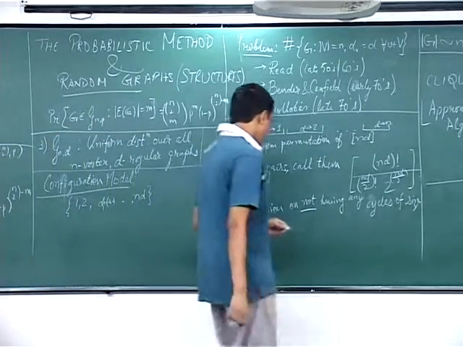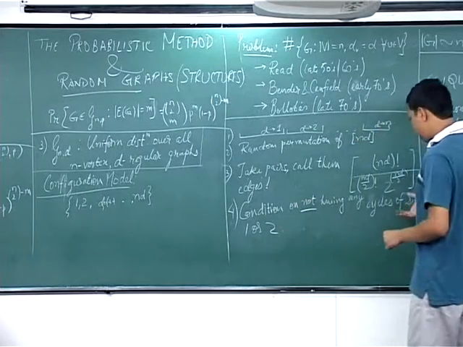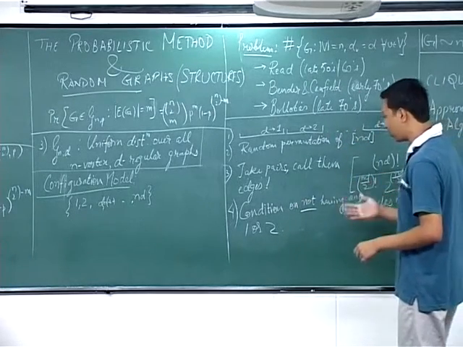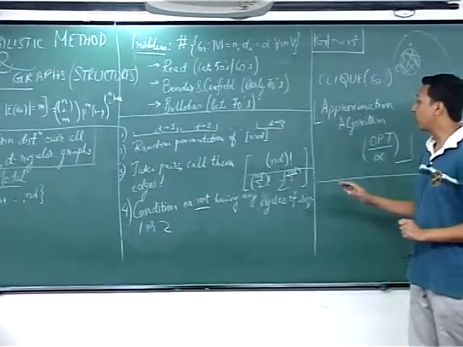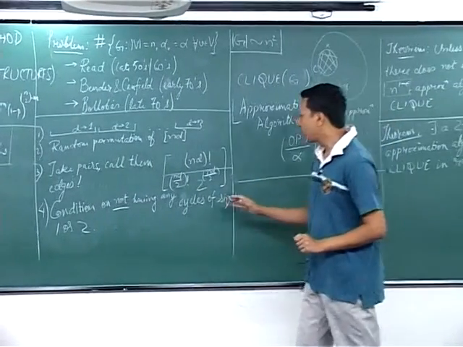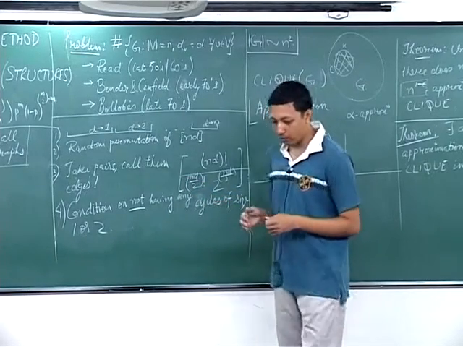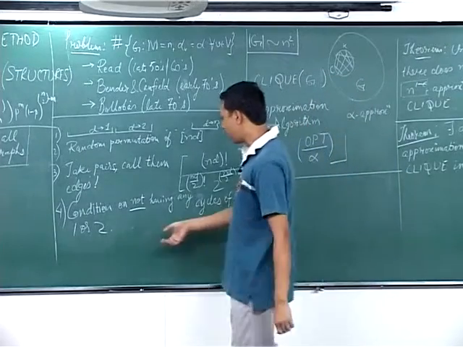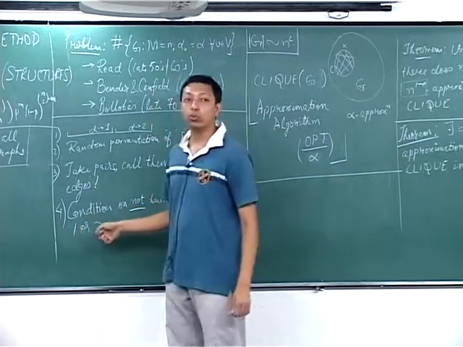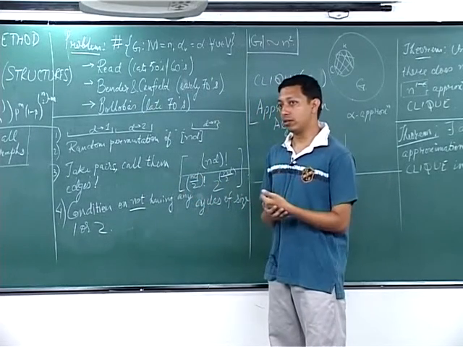But it's not that you just say condition and you're done. You need to actually show a certain thing, which is when you condition, what is the probability with which you will not have any cycles of size 1 or 2. You need to show that those probabilities are bounded by a constant.